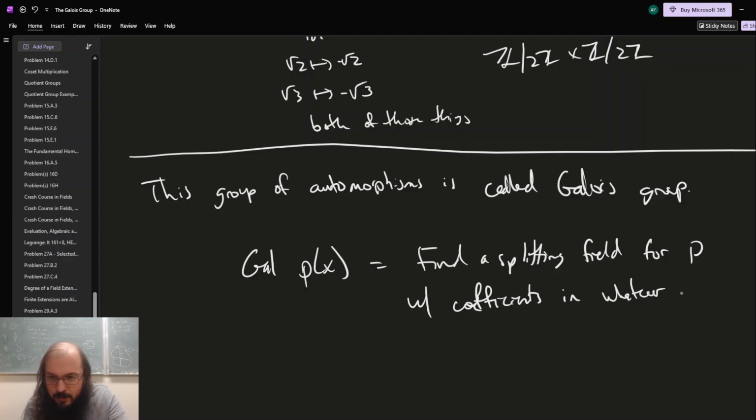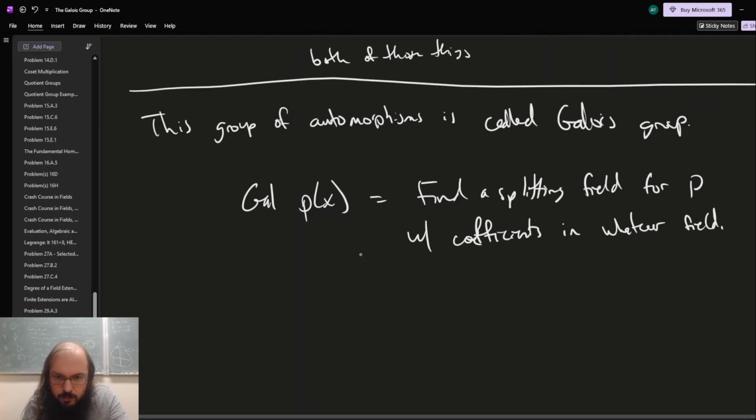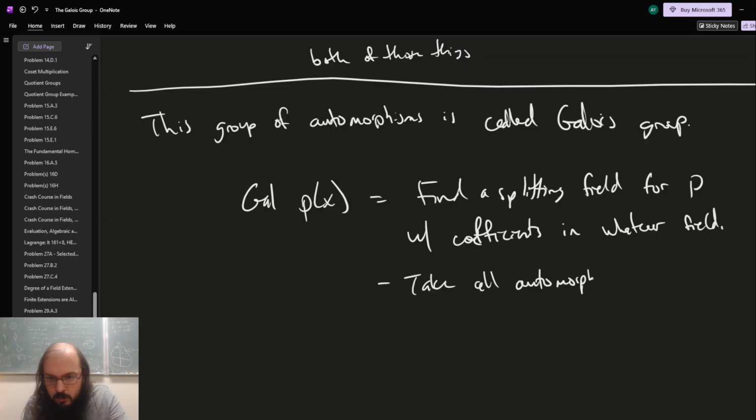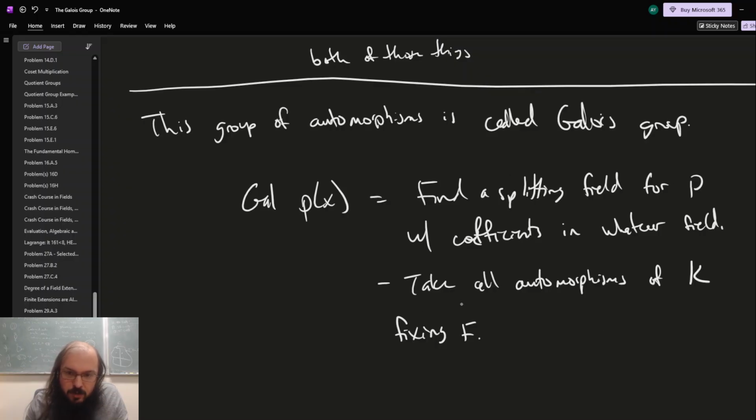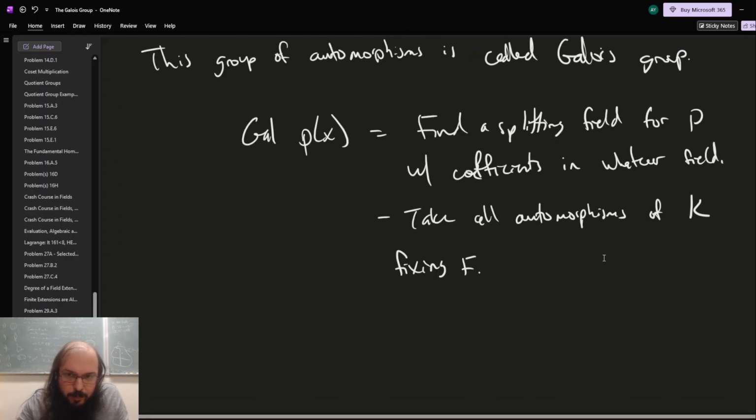Maybe it's Q, maybe it's some finite field. Then take all the automorphisms of the big field, fixing the base field. By the above discussion, those are a group, and so this construction gives us the Galois group.